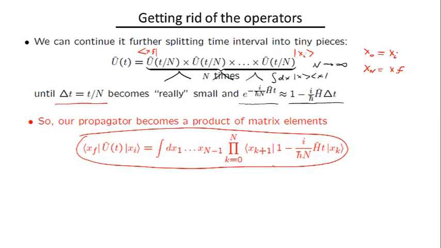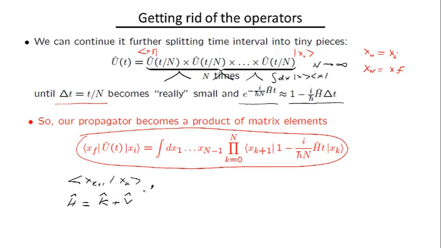So just to summarize, what remains to be calculated, if you just look at this expression, is simply the matrix element between x sub k plus 1 and x sub k, and the matrix element of the Hamiltonian. All these guys, i, h bar, n, and t, are numbers, so they don't really act on these functions. And the Hamiltonian itself is the operator corresponding to the energy, and it has the kinetic energy part and the potential energy part.